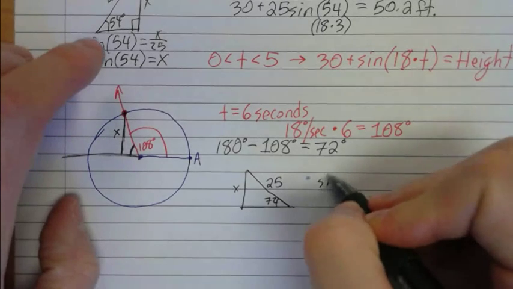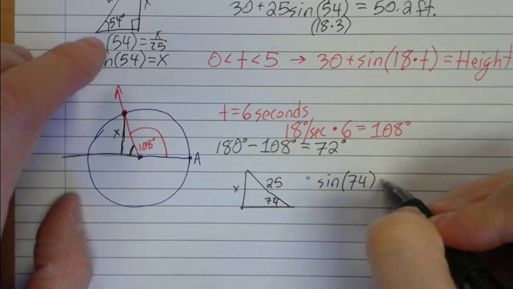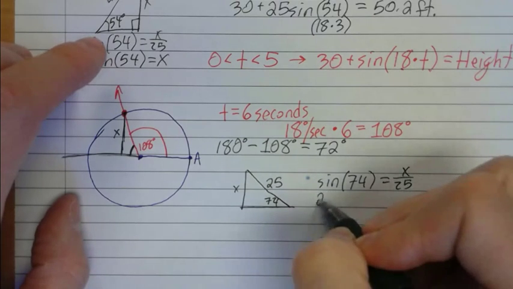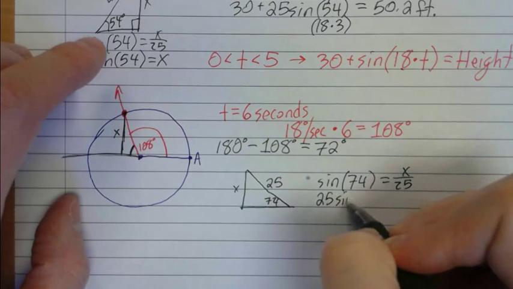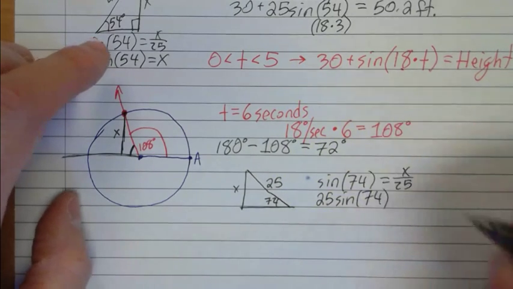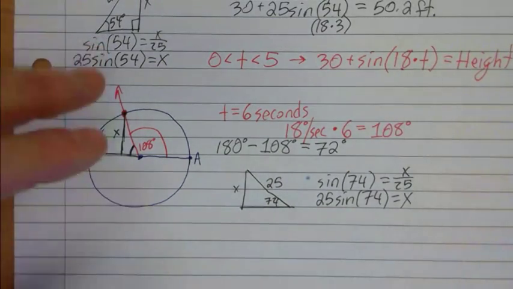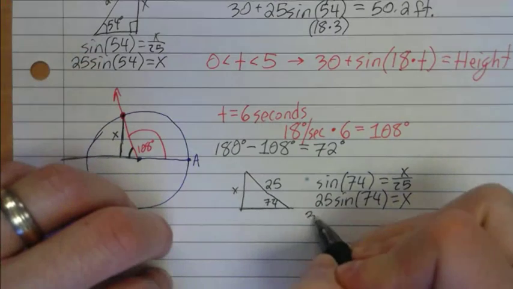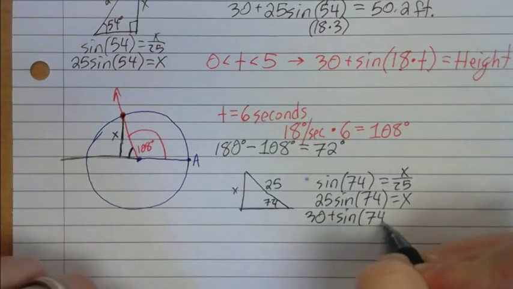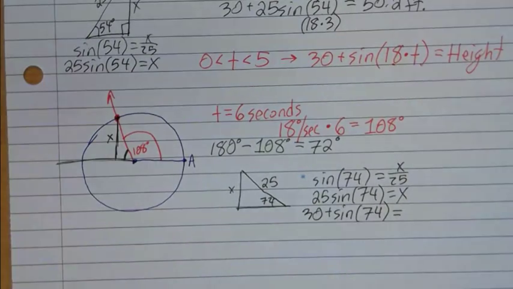I would just need to use sine of now 72, and then that would equal x over 25. So I would get an answer of 25 sine of 72 is equal to x. And if I know that, I'm just doing 30 plus 25 sine of 72, and that would equal my answer for the height.